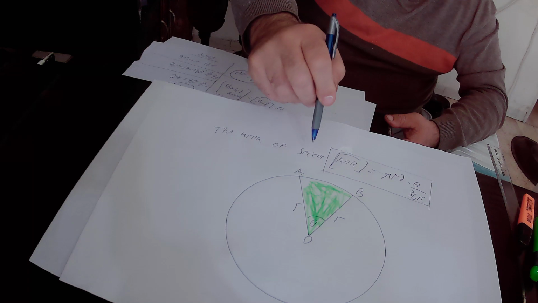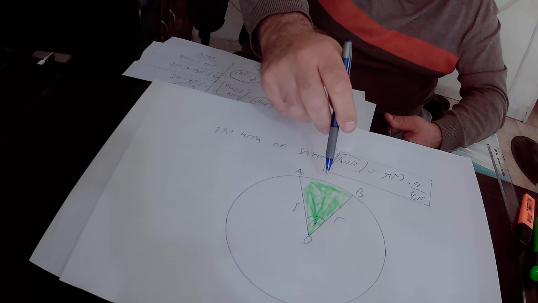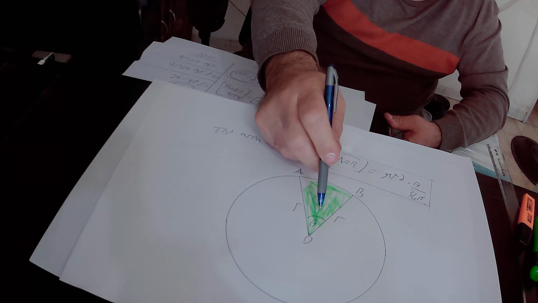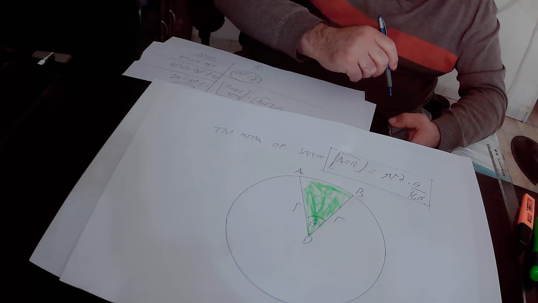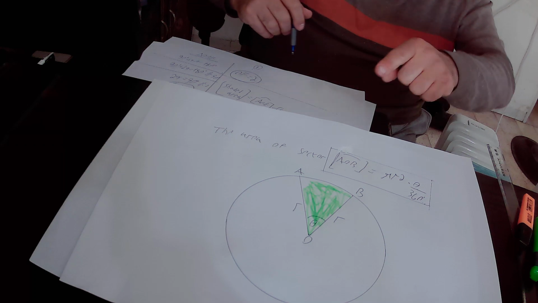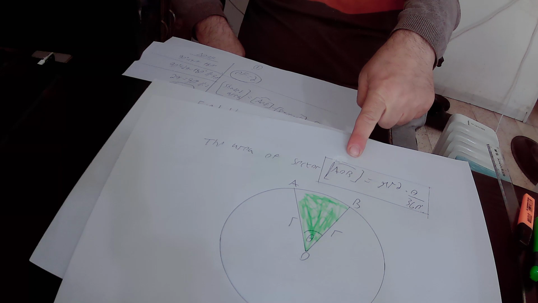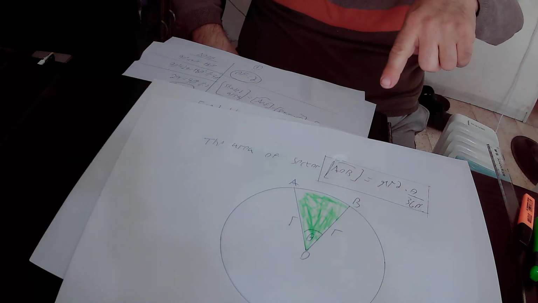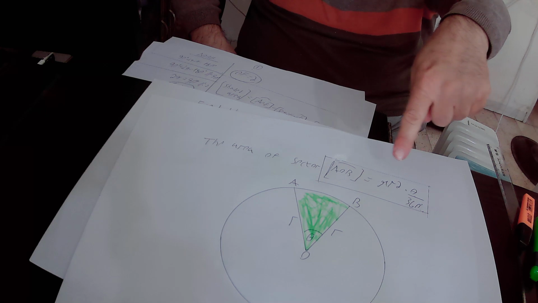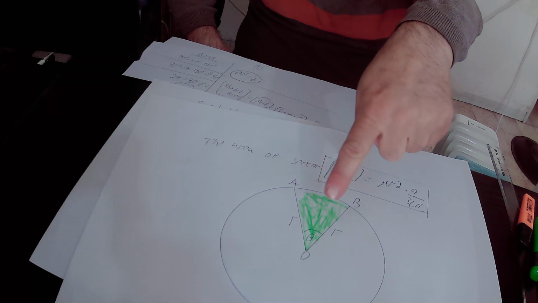So the area of this sector AOB equals the area of the circle, that is pi r squared, times theta over 360 degrees. Theta is the angle between the legs of sector AOB.